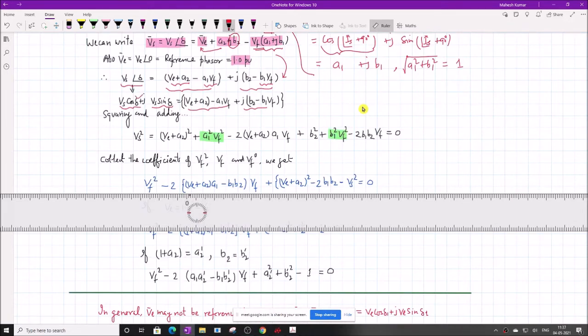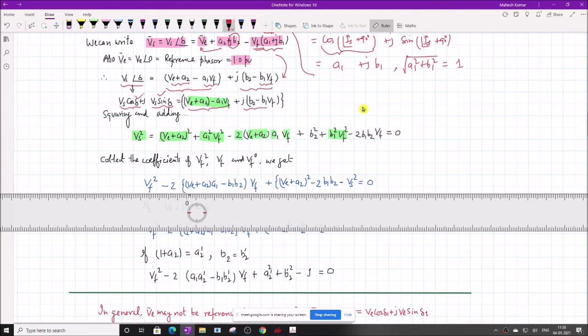So if we square and sum these two terms, we will get BS square, because sine square theta plus cos square theta becomes 1. So this is BS square equal to BL plus A2 minus A1 BF, the whole thing squared. It becomes BL plus A2 square, we join A2 with BL, plus A1 square BF square, minus 2 BL plus A2 into A1 into BF.